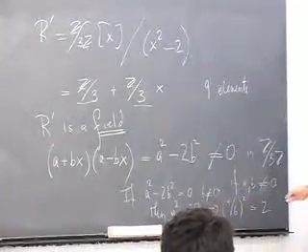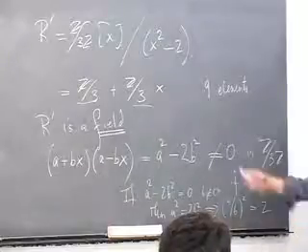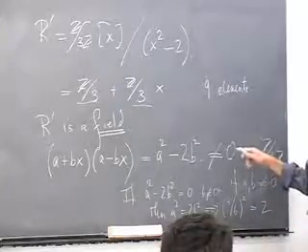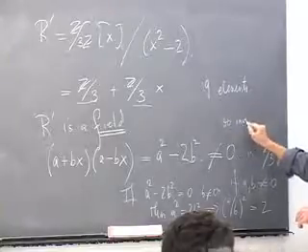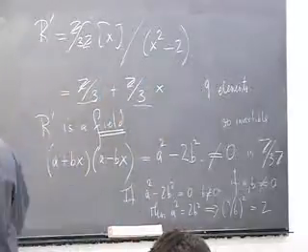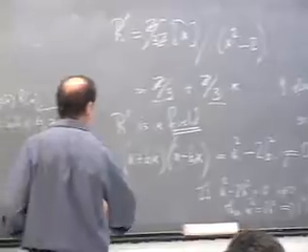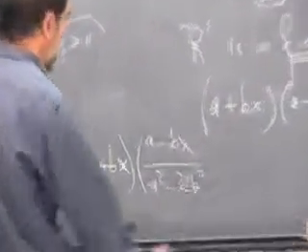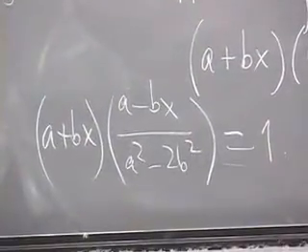But that's impossible because 2 is not a square. So this element would be non-zero, and so it would be invertible in Z mod 3 because this is a field. And therefore, my arbitrary element, a plus bx, if I simply multiplied it by the element a minus bx divided by a squared minus 2b squared, which is invertible, that would be equal to 1.